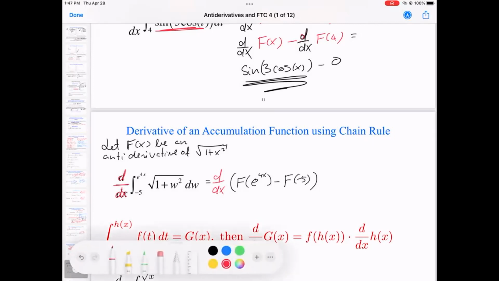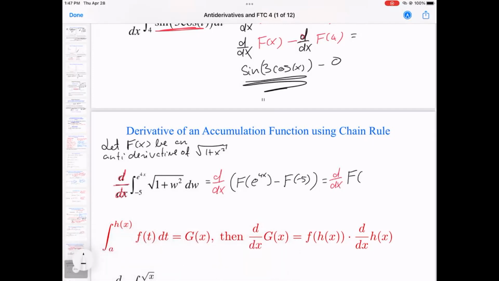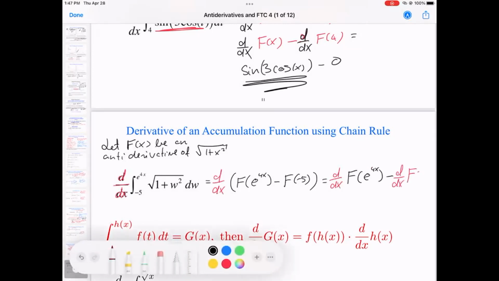Now I'm going to take the derivative. So term by term, derivative of capital F of e to the 4x minus derivative of capital F of -5.